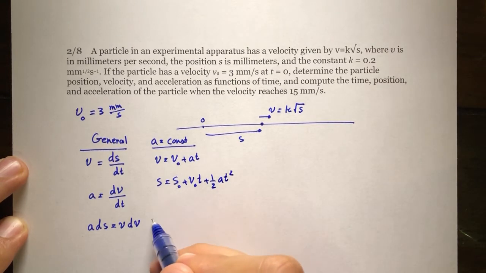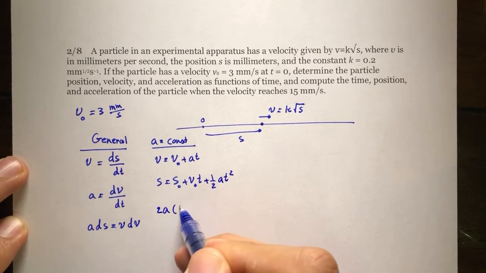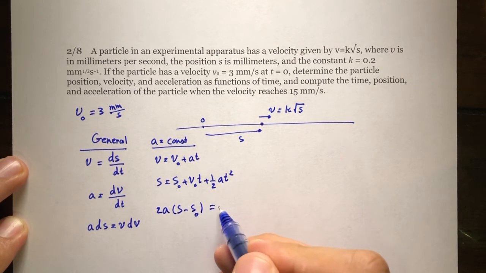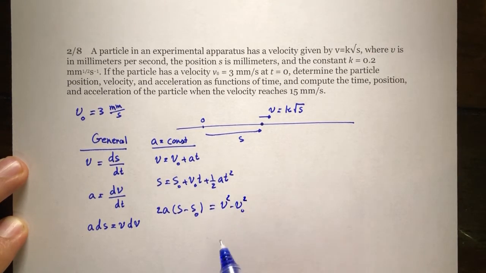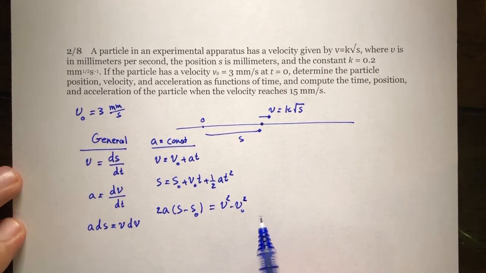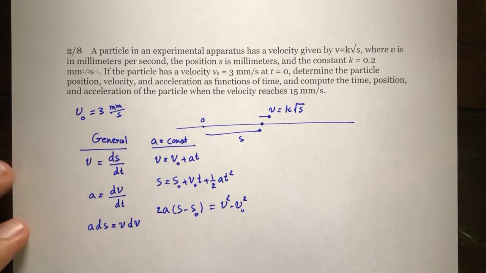And the time independent equation was 2 times a times s minus s naught is equal to velocity squared minus initial velocity squared. We are allowed to use these equations only in the case that we know the acceleration is constant. Otherwise, we have to use the general equations.